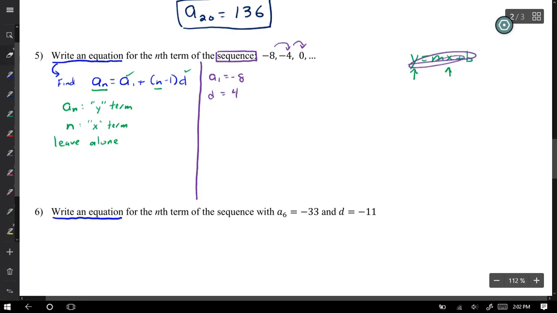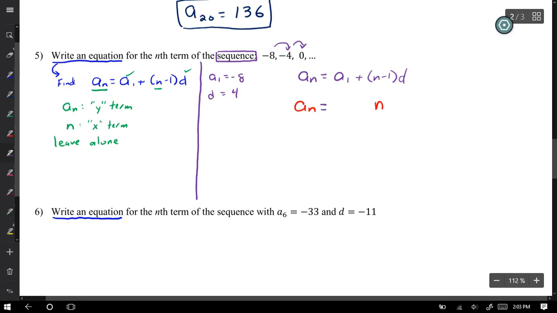If I am going to write the equation, I know a sub n equals a1 plus n minus 1 times d. So I said we are going to leave a sub n alone first, and we're going to leave n alone first. So I'm just going to drop those down. Let's see what we know.